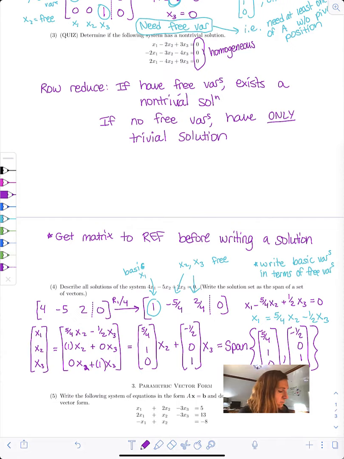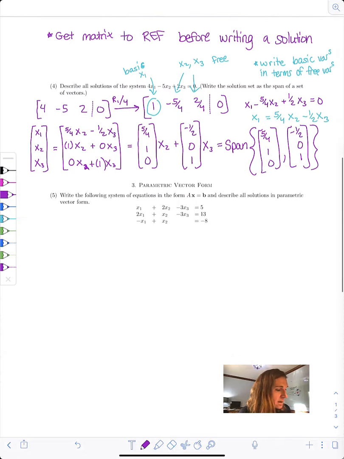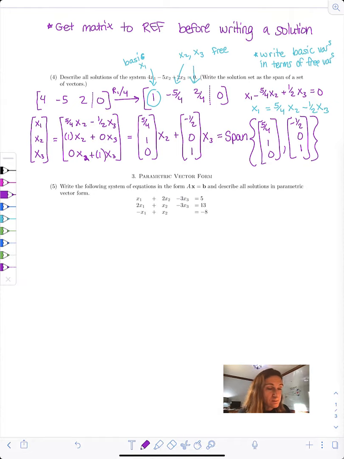There's one other way that we'll often write our solutions, and that's in parametric vector form. So now we're moving away from homogeneous. And so notice since we have a b that's not necessarily 0, this is called a non-homogeneous equation. And we want to write, first of all, it asks us to write the system of equations in the form Ax equals b. So let's go ahead and do that.